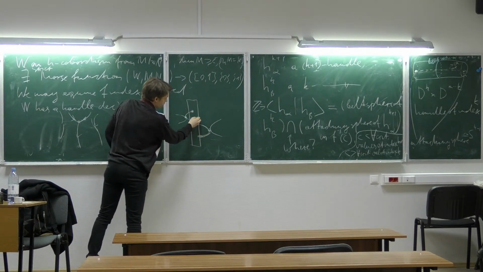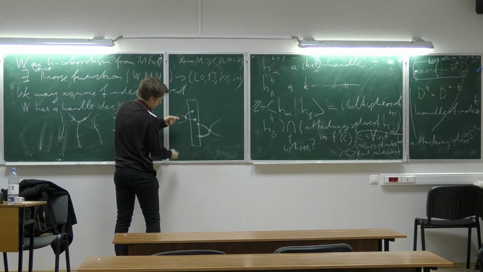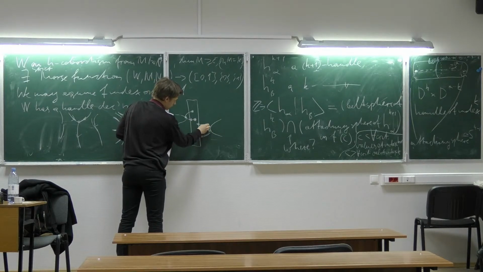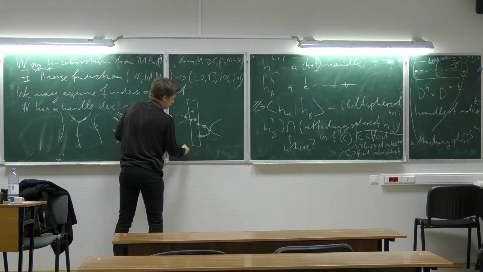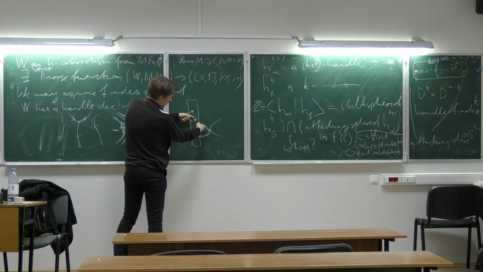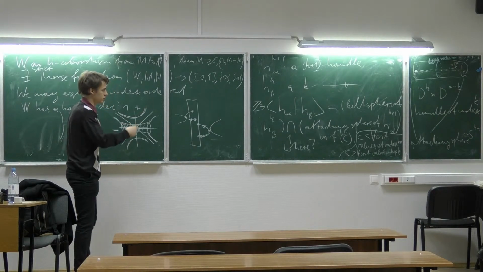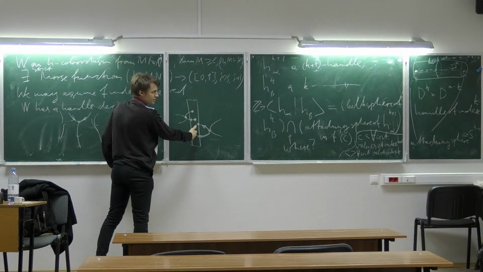That's why you are taking the intersection of the negative flow and the positive flow: the boundary sphere of the negative flow and the boundary sphere of the positive flow. So the intersection should be taken in this level.